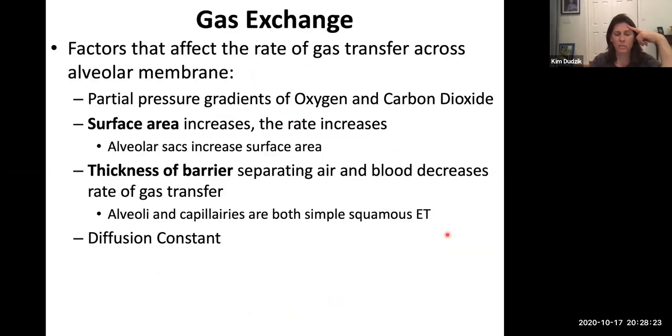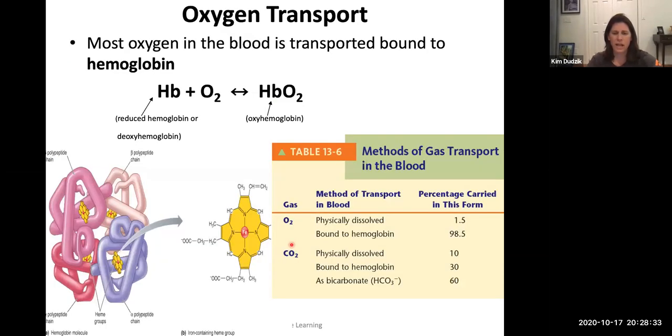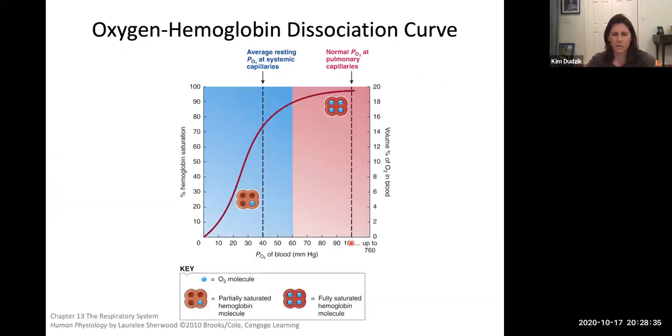Remember, we saw that also here. This is the partial pressure of oxygen coming through in the direction of blood flow. So this is coming from the left side of the heart. Okay, so it's 100. Hey, look at this. Here's the partial pressure of 100, and there is a line there showing that this is the normal partial pressure at the pulmonary capillaries. Okay, and again, within our systemic system.